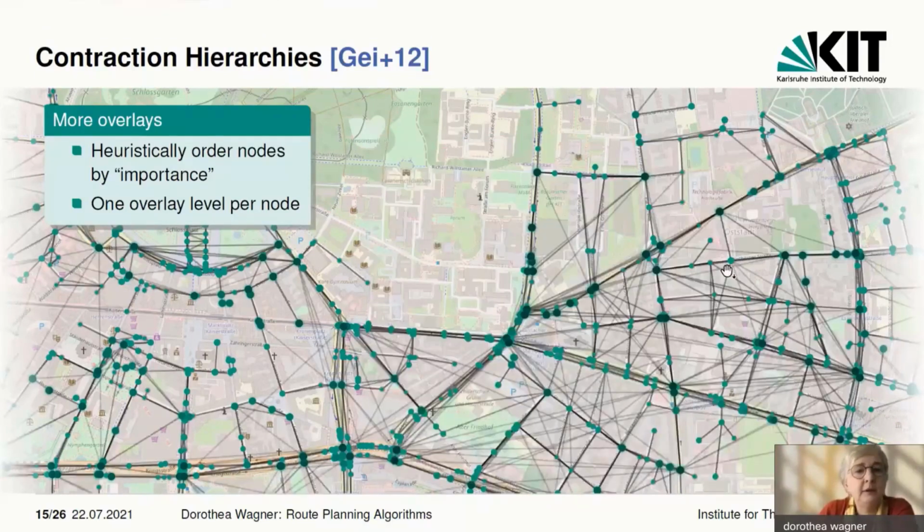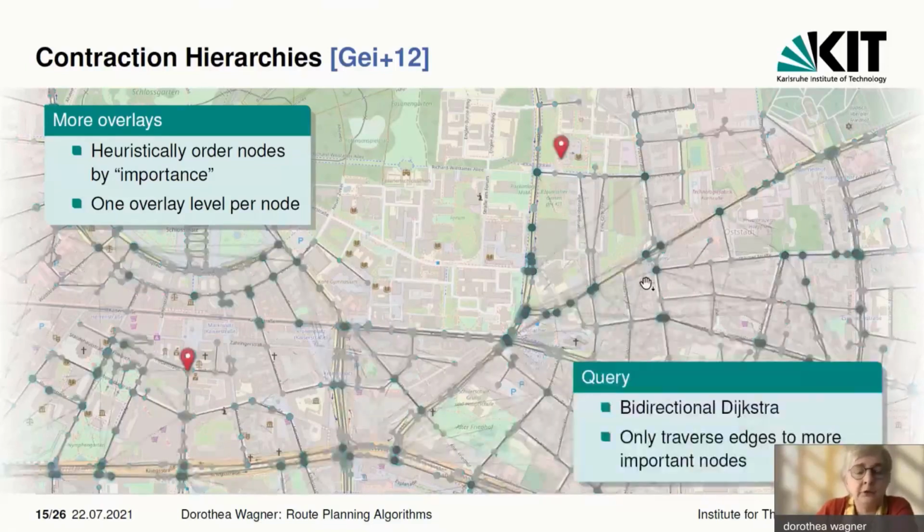Okay, if we apply contraction hierarchies in our street network of Karlsruhe, we come up with this overlay graph. And then, of course, the question remains how to find the shortest path between source and target node. And the answer is easy, just apply bidirectional Dijkstra in this contraction hierarchy, in this overlay graph.